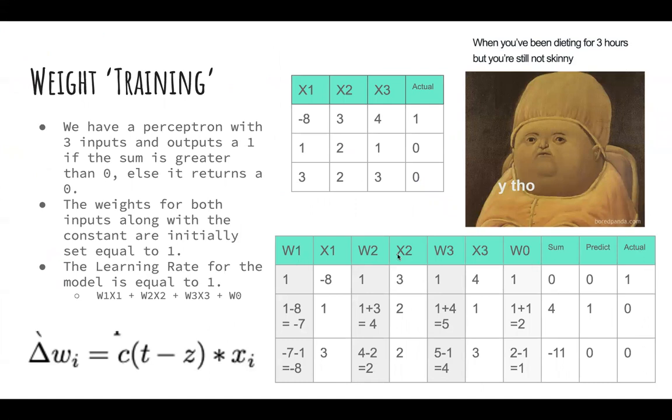All you have to do is multiply and sum up the weighted sum of these features, use your step function to generate a prediction, and compare that to the actual value. Is everybody clear on how each column is generated for this table?